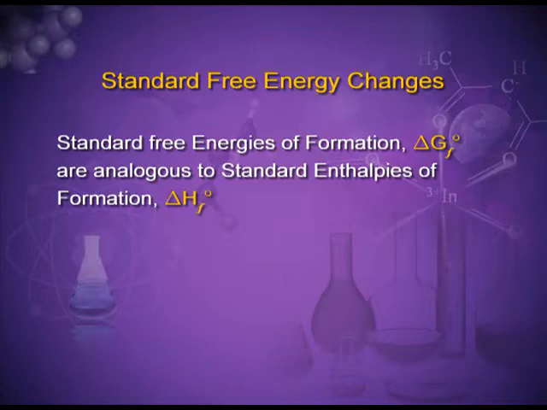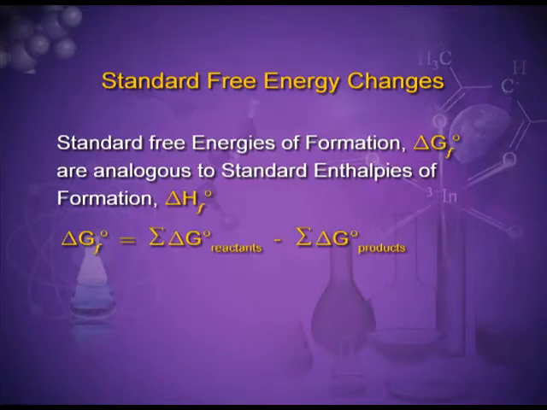Standard free energy changes. Standard free energies of formation, delta G naught f, are analogous to standard enthalpies of formation, delta H naught f. Delta G naught can be calculated as the total free energy of the products minus the total free energy of the reactants.